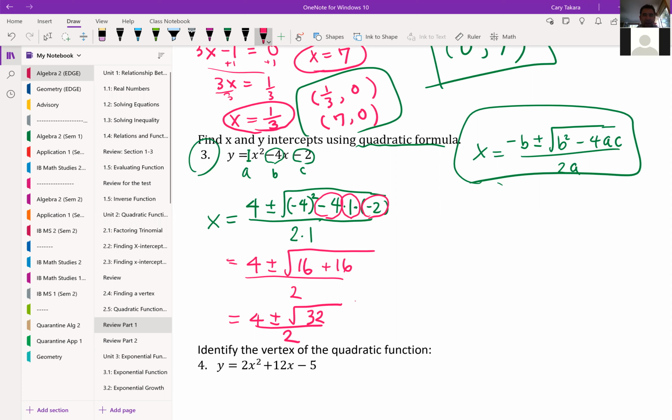Now we can actually figure out the decimal value. One is 4 plus square root of 32 divided by 2. The other value will be 4 minus square root of 32 divided by 2. Let's figure it out. Divide by 2. What did you get?